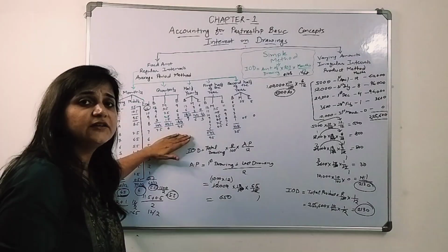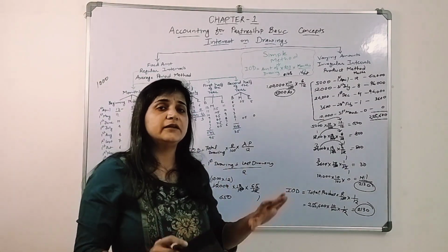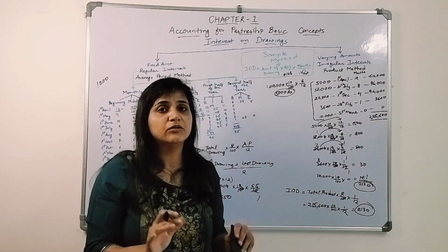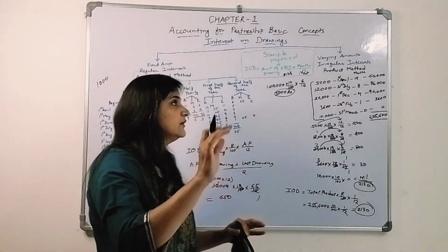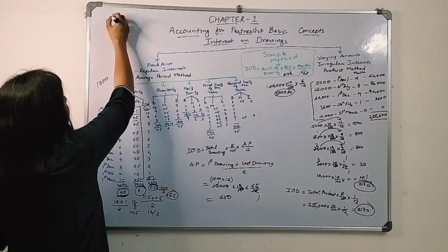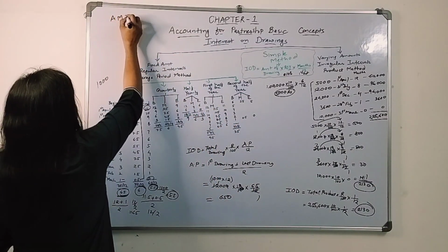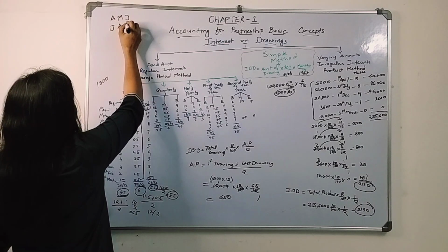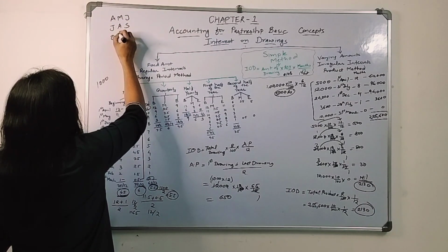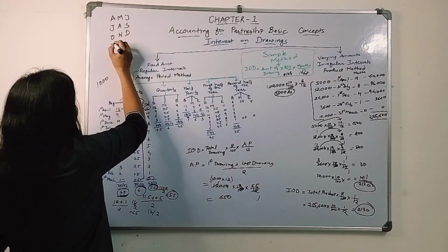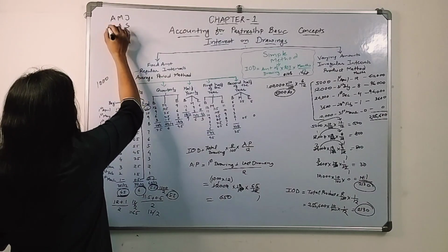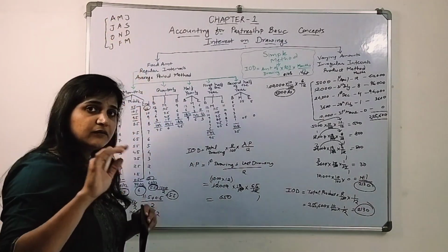Similarly, if he is withdrawing the amount quarterly, how do we consider it? How many quarters are there? 4 quarters, like April, May, June, July, August, September, October, November, December, January, February and March. These are the 4 quarters in a year.